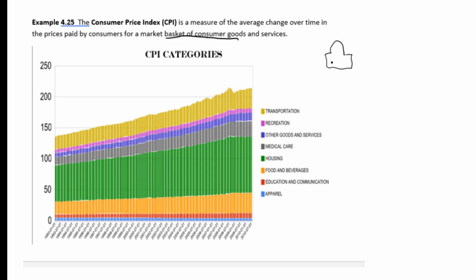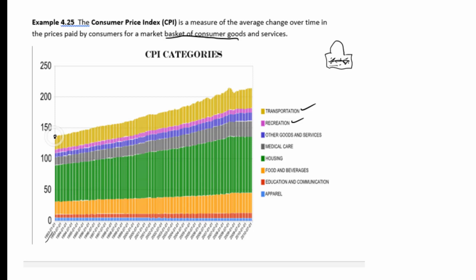But it would be things like a car, repairs on a car, bread, TV, or your iPhone, computers, vegetables, meats, all kinds of consumer goods. And these are broken into some categories like transportation, recreation, all these different categories. And this goes back to this date here, which is hard to see, but this is what it cost.